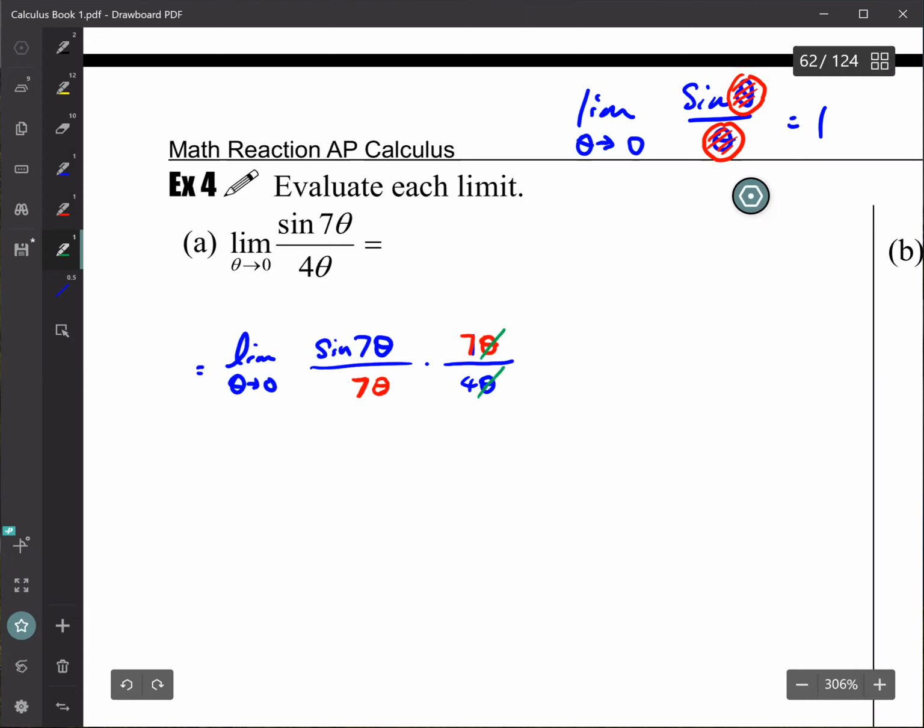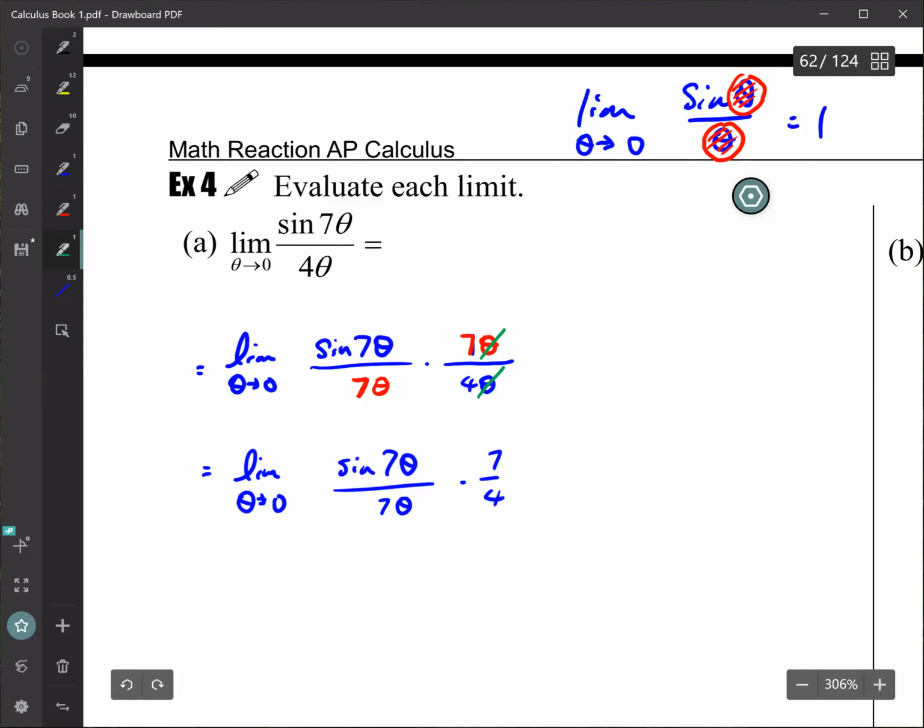Remember, I do see some people do this: they cancel the 7 theta and are so happy, leaving sine. You cannot cancel the angles inside the sine. So we are left with sine 7 theta over 7 theta, and 7 over 4.